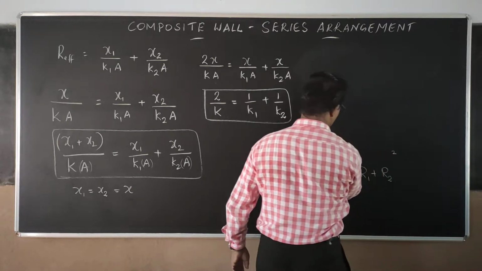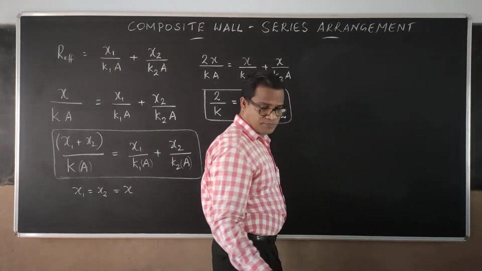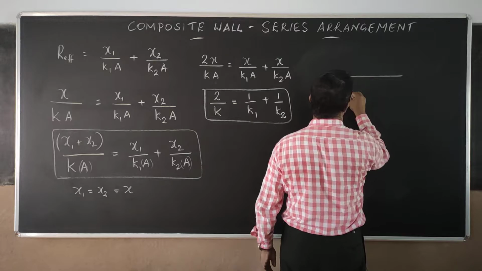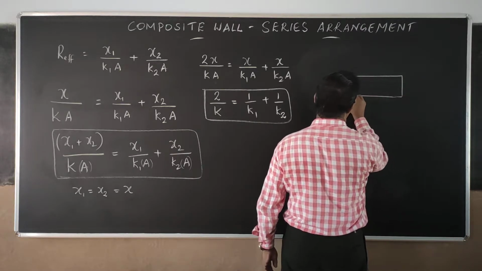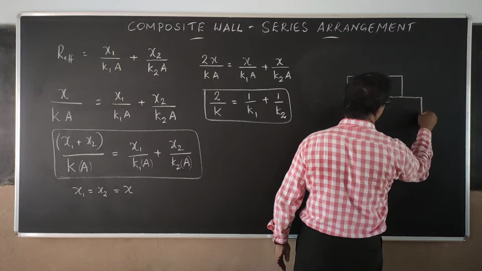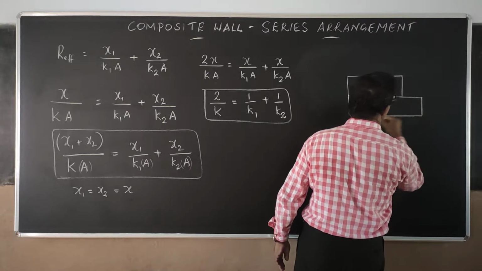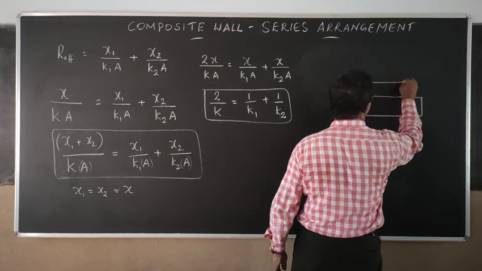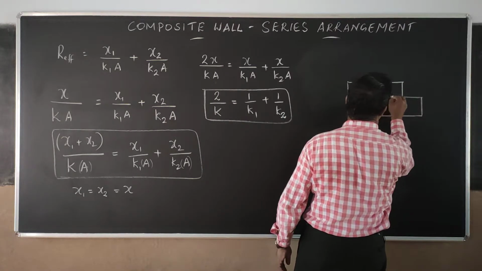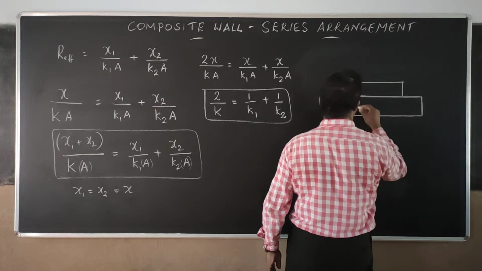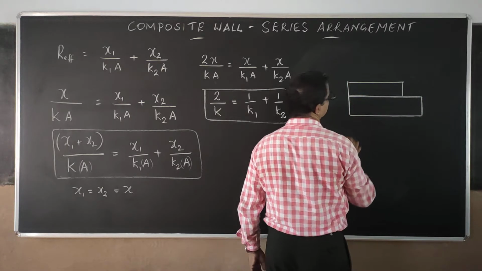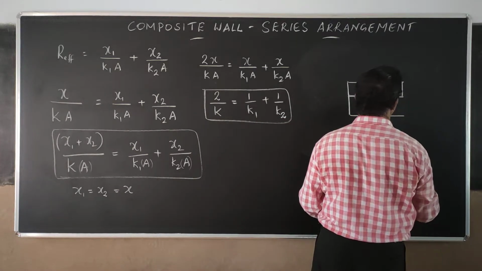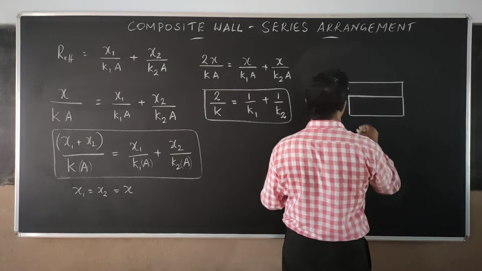Now, if the slabs are connected in parallel, I mean, if I connect them like this, slab 1 and attached to that slab 2, the area of cross section is also different. Or else I can take the length to be the same for the time being, as an approximation.